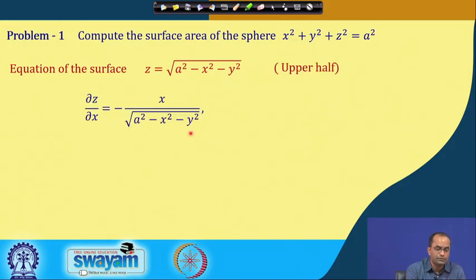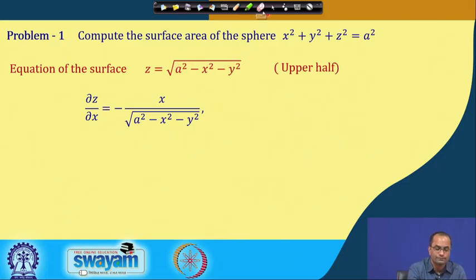And now we need to compute, because in the formula we need the partial derivative of z with respect to x and also the partial derivative of z with respect to y. So, for the partial derivative of z with respect to x, this is power half here.